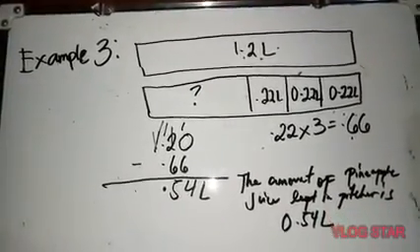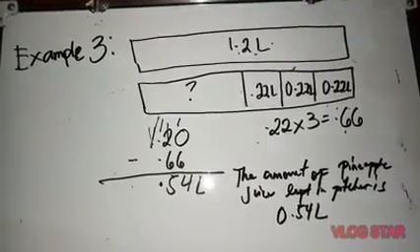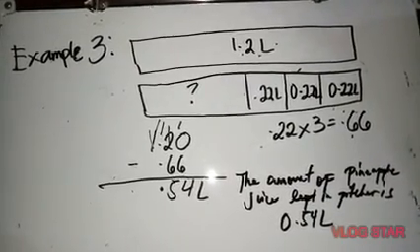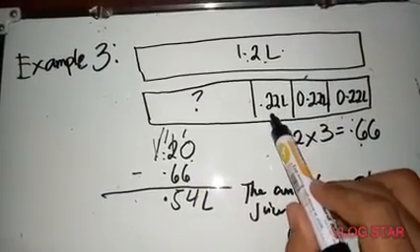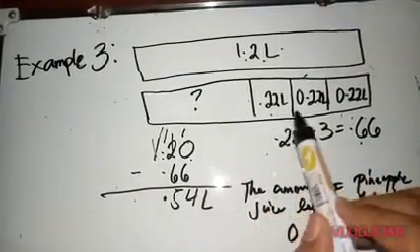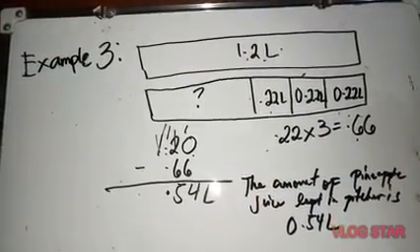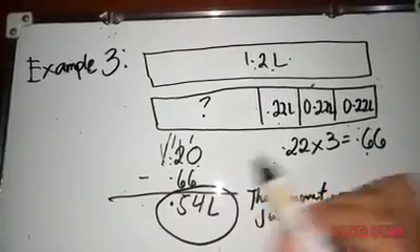Or another way of solving this one is through continuous subtraction. So 1.20 minus 0.22, then minus 0.22 again, then minus 0.22 for you to get 0.54 liter.